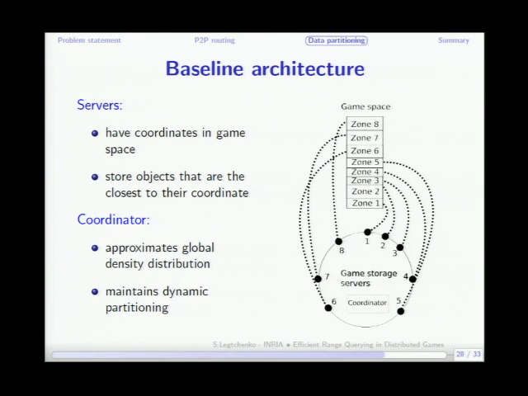We currently have a prototype running on a cluster. The architecture is organized into a ring of servers, and each server is given a slice of the game space depending on its position in the ring. We have a coordinator that approximates the global density distribution of the game space and then maintains dynamic partitioning according to that distribution.